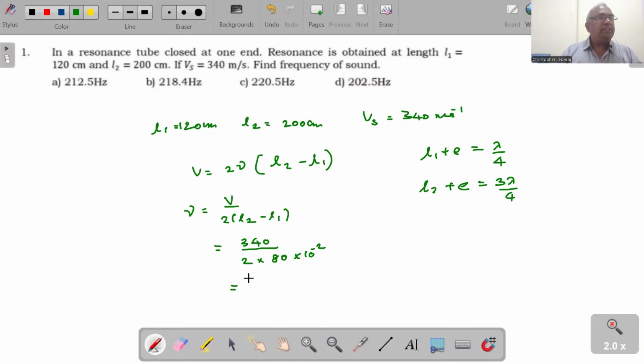When you calculate this value, multiplying by 2, 170 by 80. 8 into 10 to the power of minus 1 goes to the numerator as 1700 by 8, which is 212.5 hertz. This is the answer.